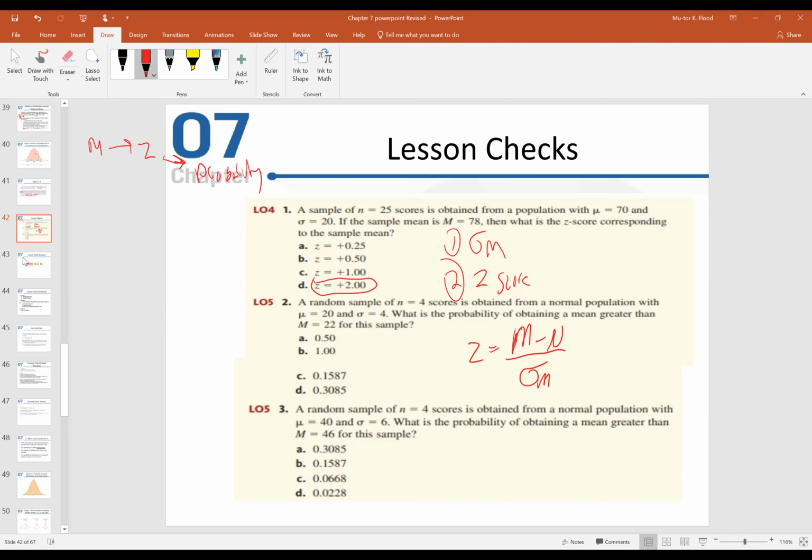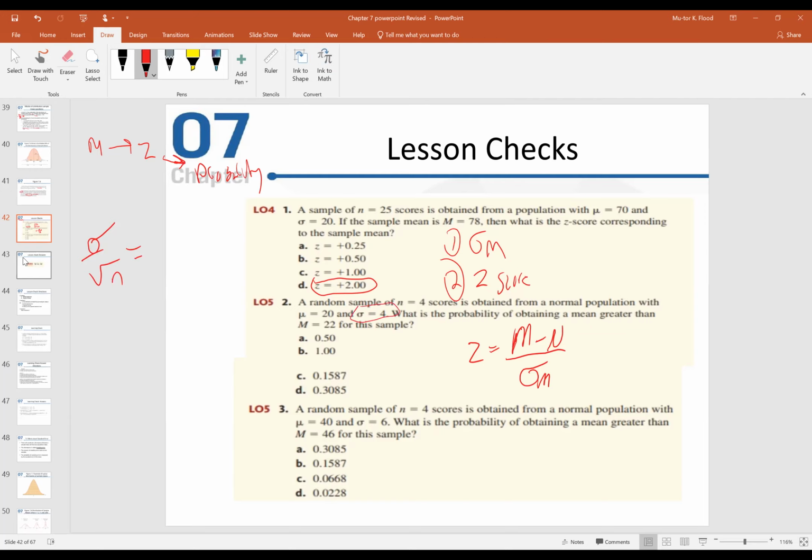In order to take the mean and get to a z-score, we need to put it into the z-score formula. But before we do that, we need to calculate the standard error of the mean, right? So standard error of the mean is going to be the standard deviation divided by the square root of the sample size, right?